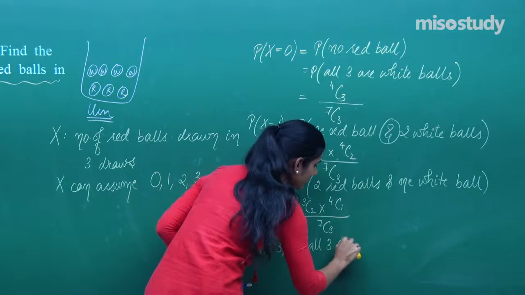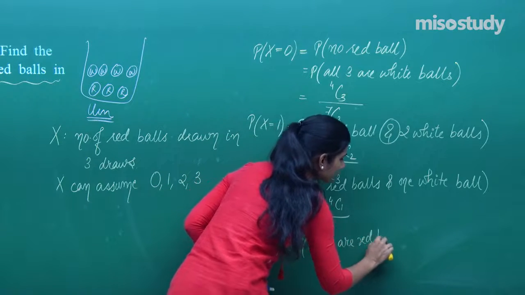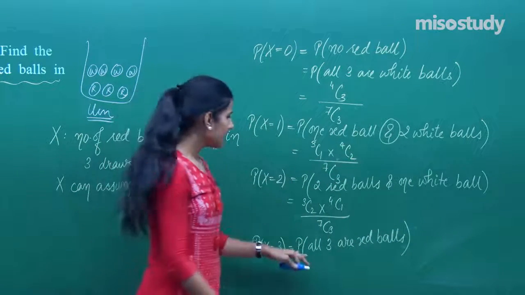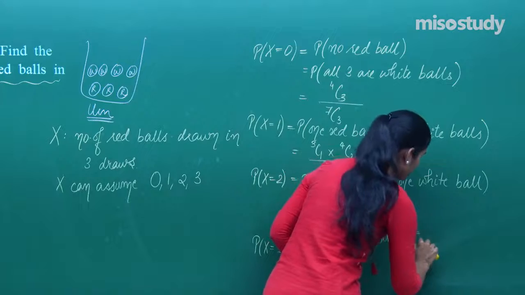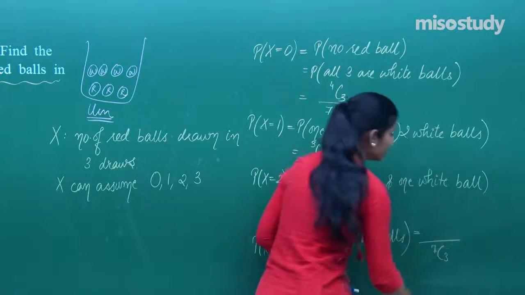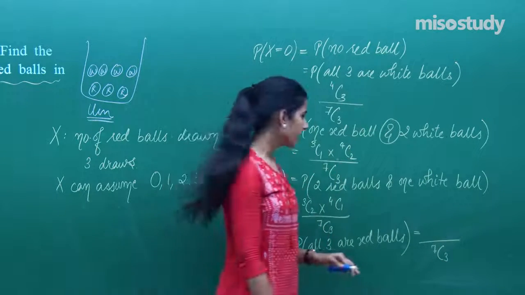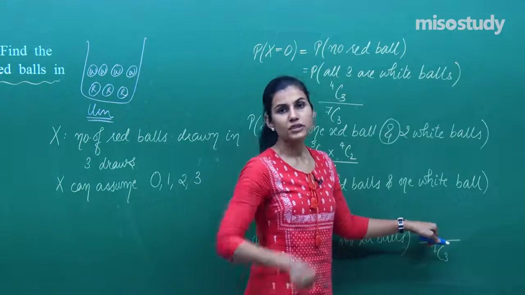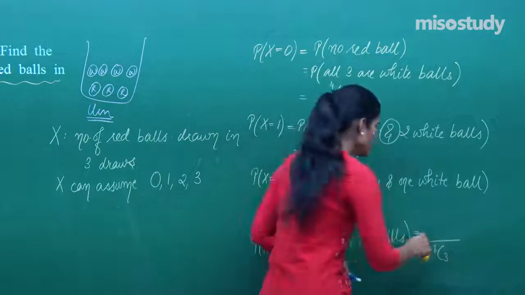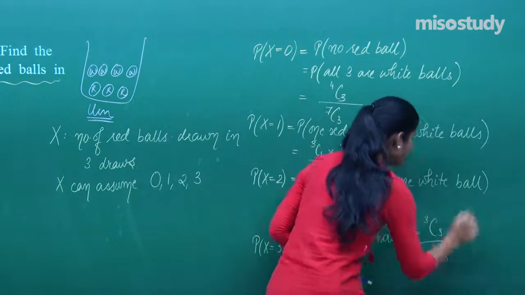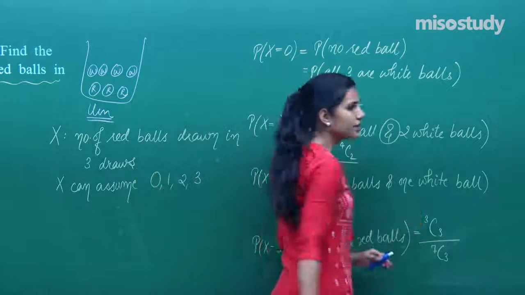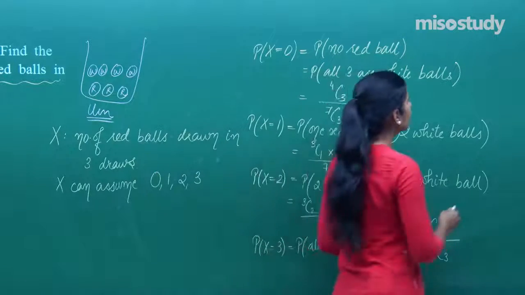All 3 are red balls. Total ways of drawing 3 balls out of 7 balls is 7C3. How many are the ways in which you can draw 3 red balls out of the available 3 red balls? You can draw all 3 red balls in 3C3 ways. No white ball is occurring. That's the probability. Clear? Now it's very easy for you.